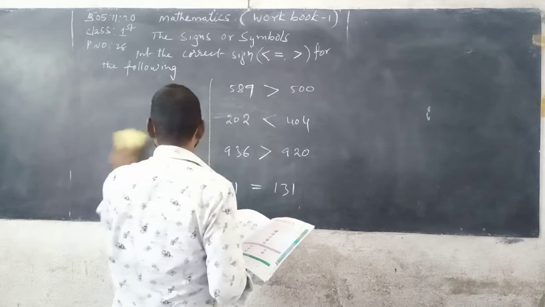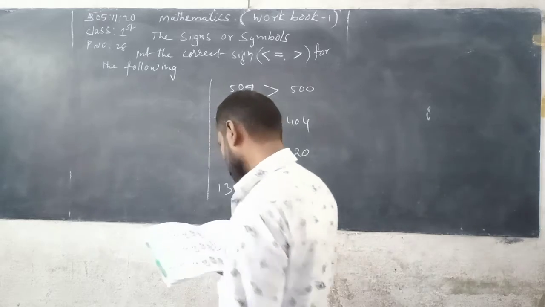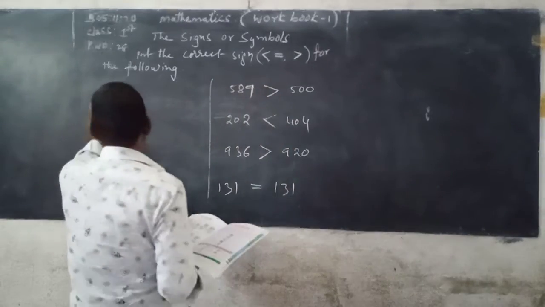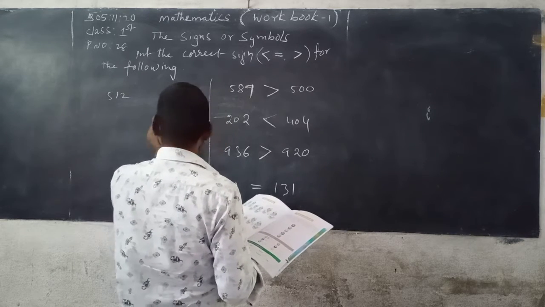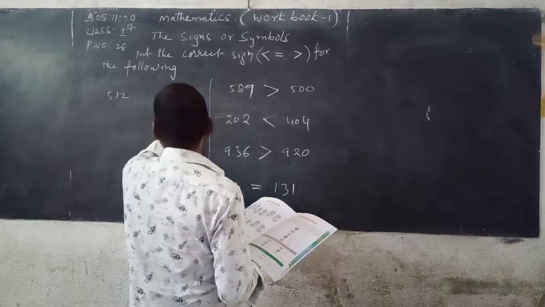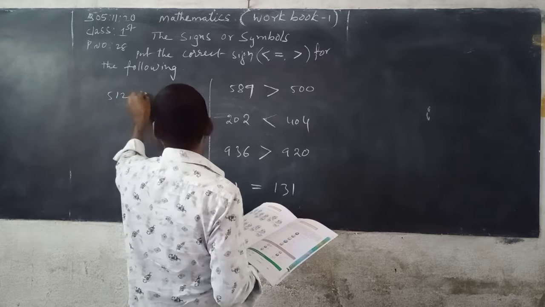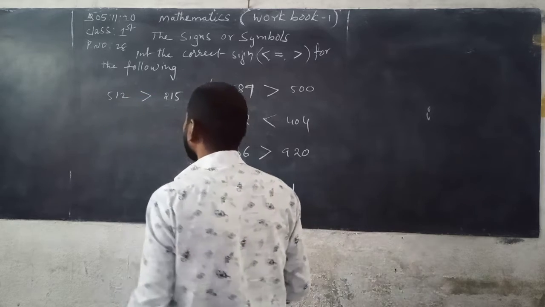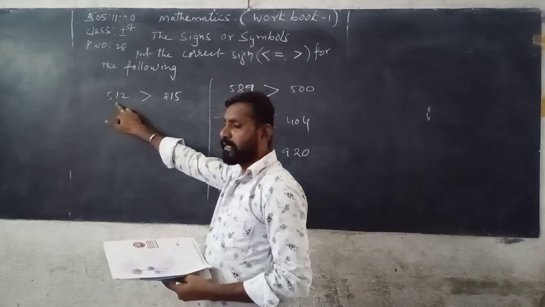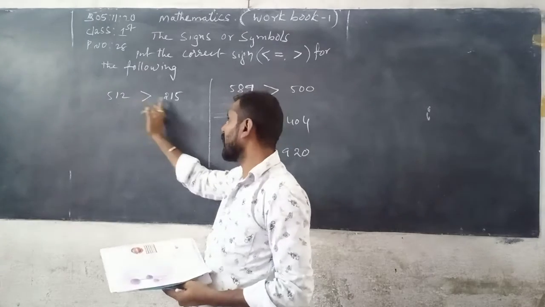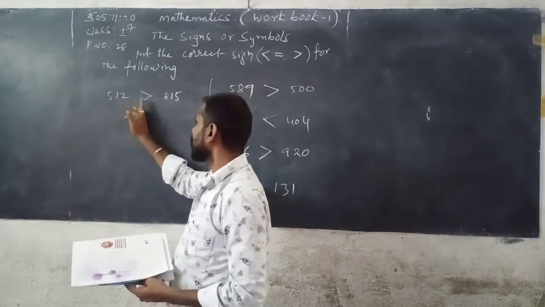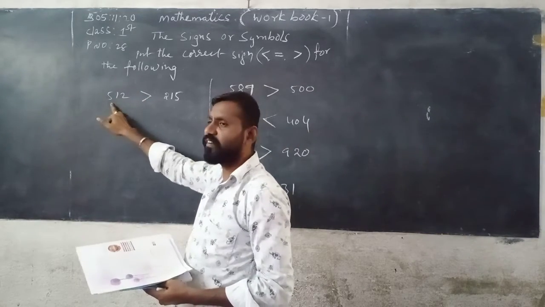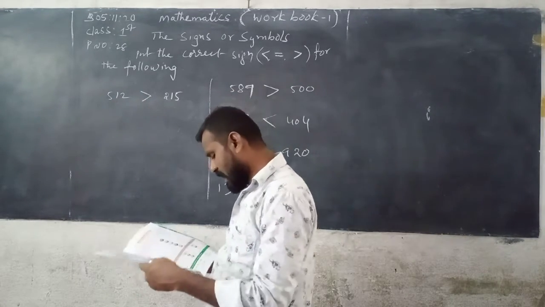Now the next one, 512 and 215. 512 is a bigger number than 215. So here you can use the greater than symbol. 512 is greater than 215.